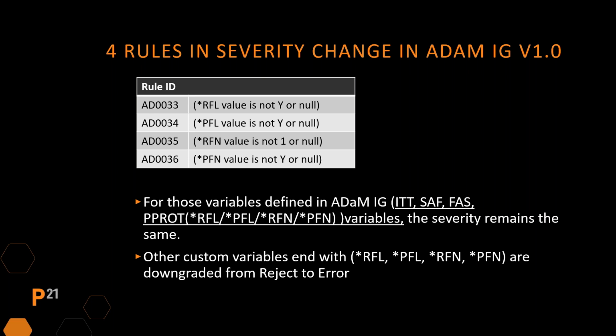So please make sure that values for those flags only contain Y or N for character variables and 1 or 0 for numeric coded variables. So the change is that if you create custom variables ending with RFL, RFN, or PFL, PFN, then those severities are downgraded to error.